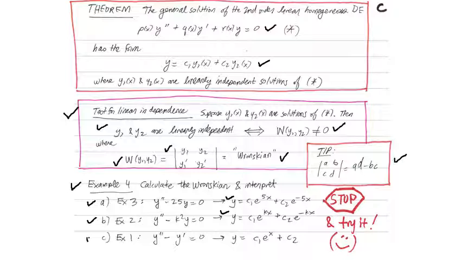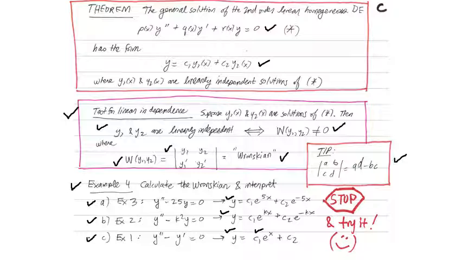And in our first example, example 1, we had y double prime minus y prime equals 0, and we derived the solution of that using reduction of order, and we came up with c1 e to the x plus c2. Now, in this situation, the way you want to read this is you want to think of y1 as e to the x.